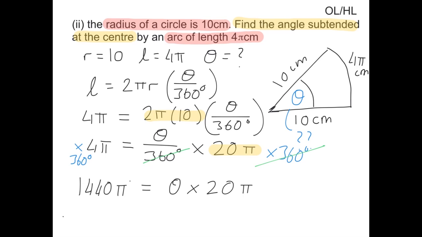So if we divide both sides by pi, we can get rid of our pi, making our calculation a little easier. So we have our theta is going to be 1440 divided by 20, which is equal to 72 degrees. And that's our answer for theta.